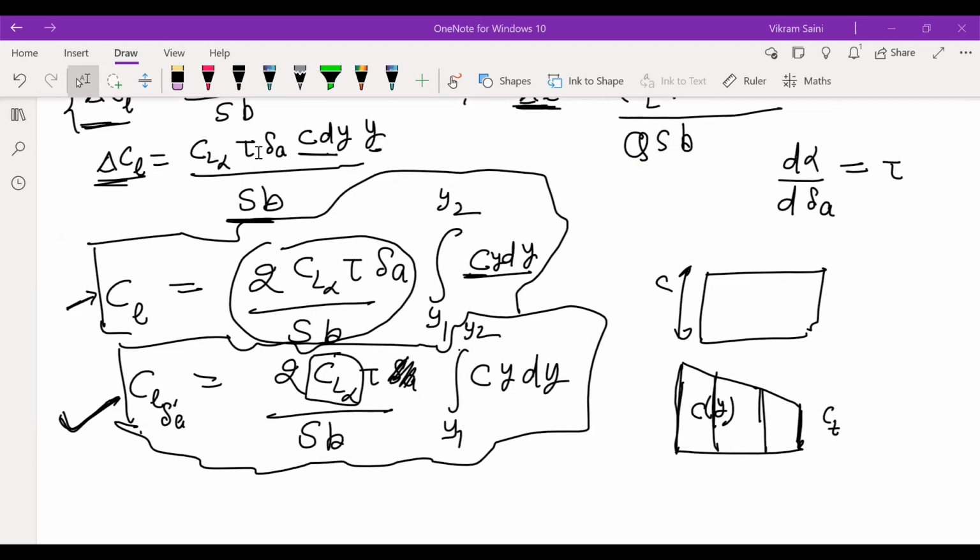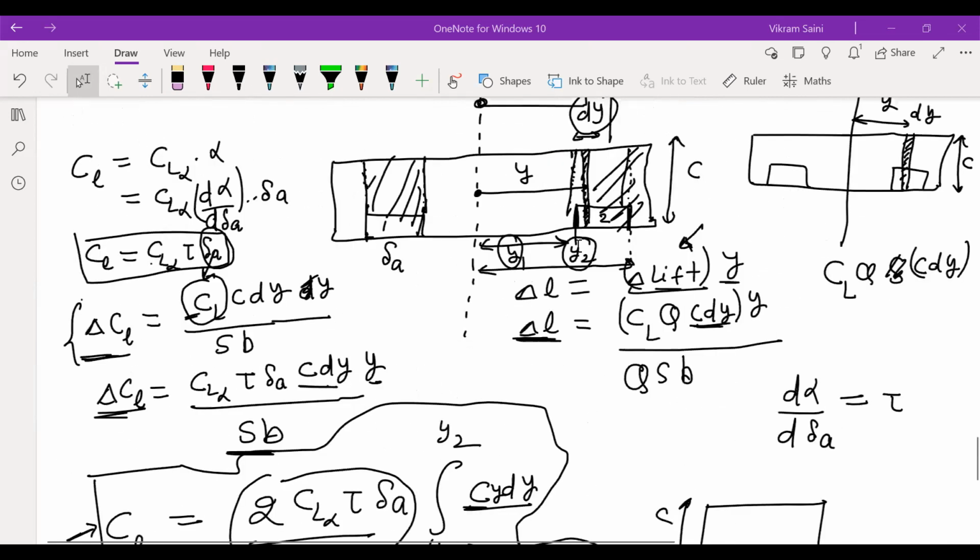Sir, about net CL, shouldn't it remain equal? Because on one wing CL is increasing and on the other it is decreasing, so the overall change shouldn't be equal. I actually could not get you. What do you mean by equal? Sir, net CL should remain 0.